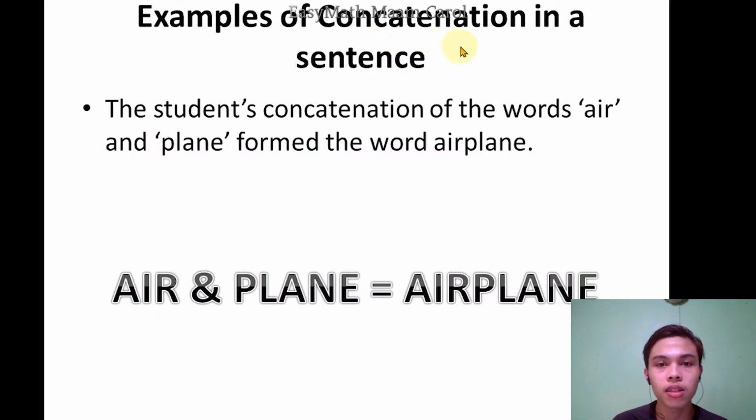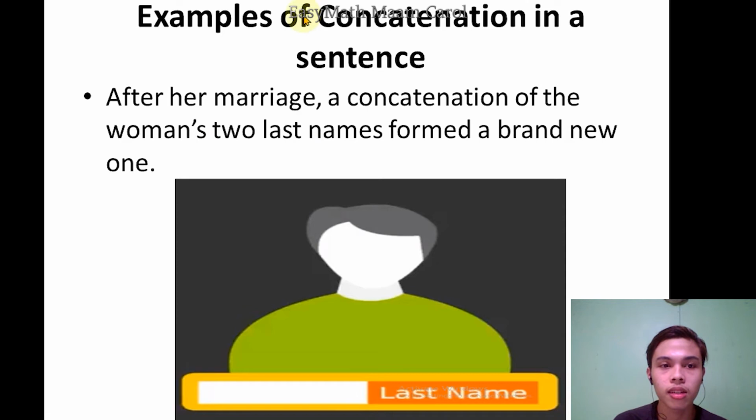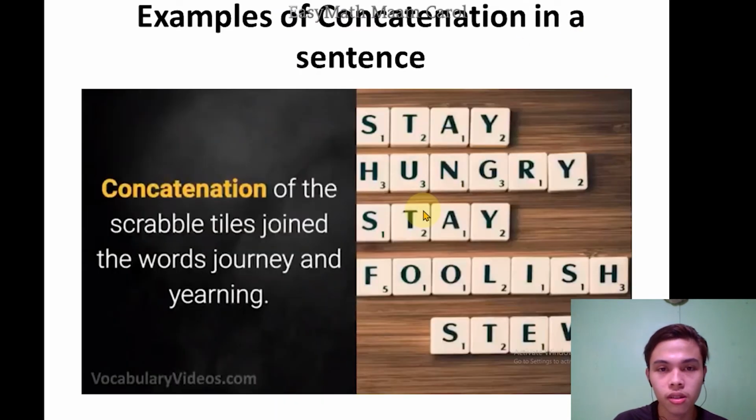Examples of concatenation in a sentence. The student's concatenation of the words air and plane forms the word airplane. Simple as that. Next, after her marriage, a concatenation of the woman's two last names formed a brand new one. So that's also a concatenation.